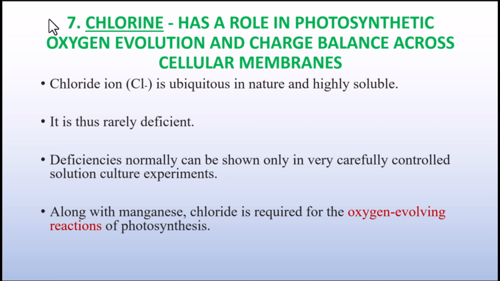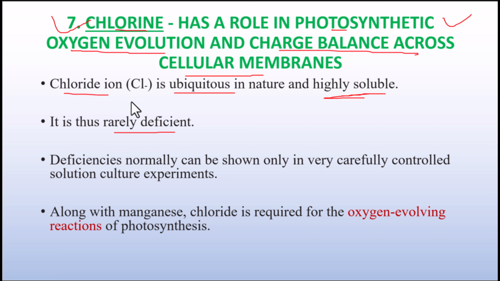The next micronutrient is chlorine. Chlorine has a role in the photosynthetic oxygen evolving complex and in charge balance across the cellular membrane. These are the two main functions of chlorine. Chloride ion is ubiquitous in nature and highly soluble, thus it is rarely deficient.